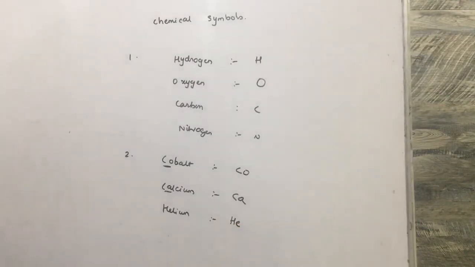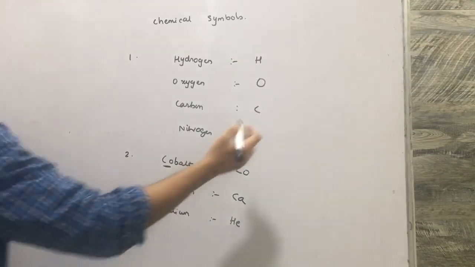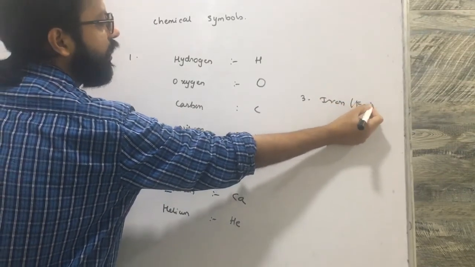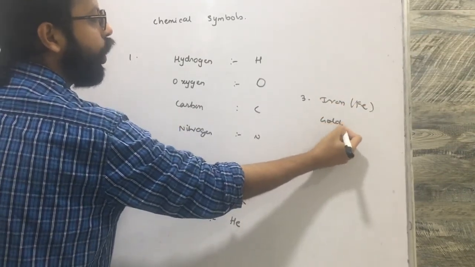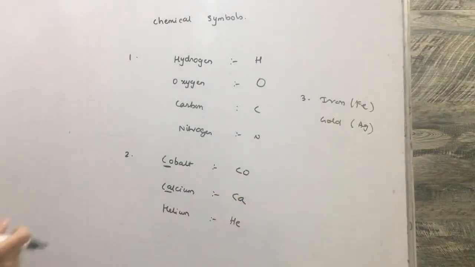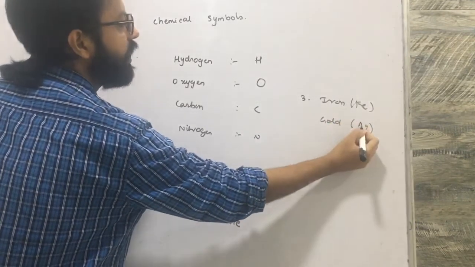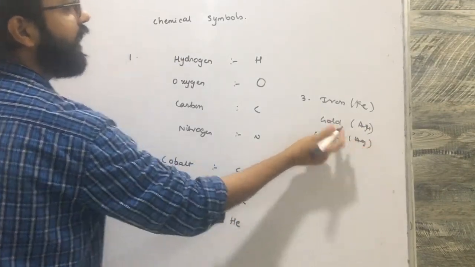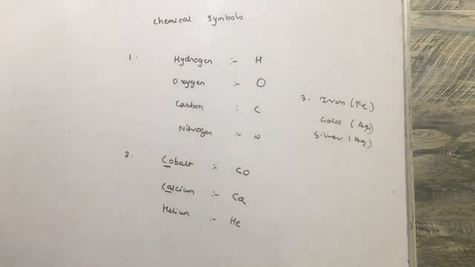The last rule: the symbols of some elements have been derived from Latin names, such as iron, which is given as Fe. Gold is given as Au and silver is given as Ag. These are named from the Latin words.